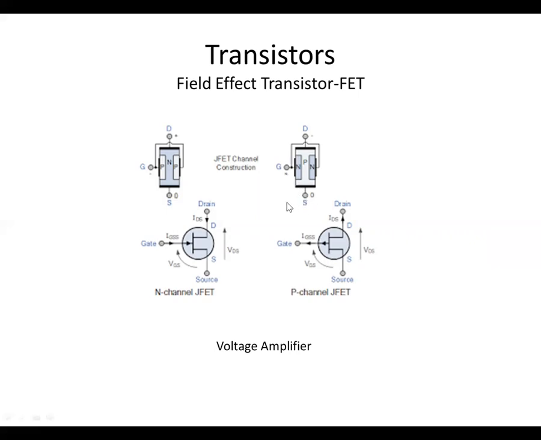And what happens, the reason this controls the current that can flow through here, as you apply the gate voltage, is around this N material in a, this would be an NPN, make sure I'm right there. No, it's a P channel. That it's got a P right there in the channel.